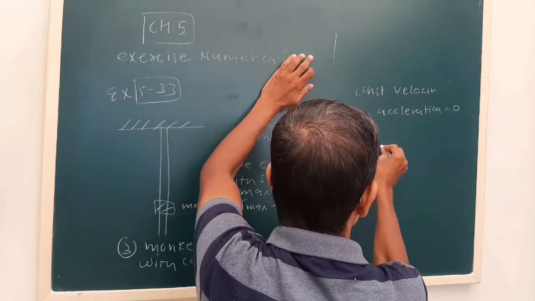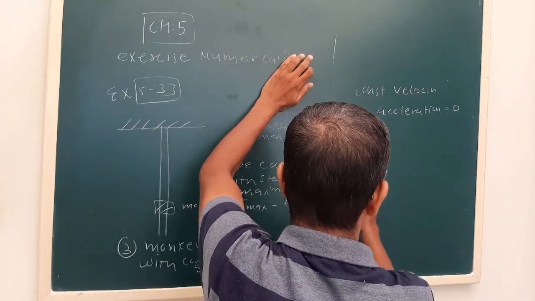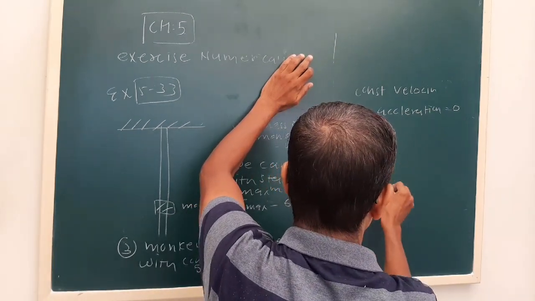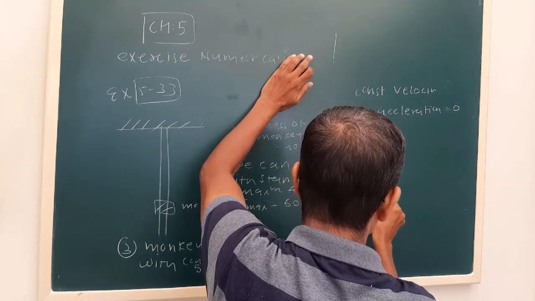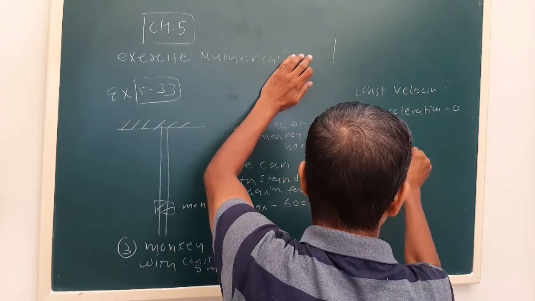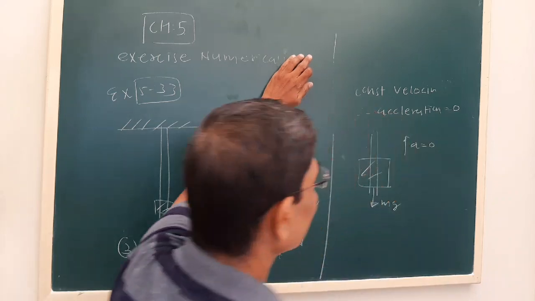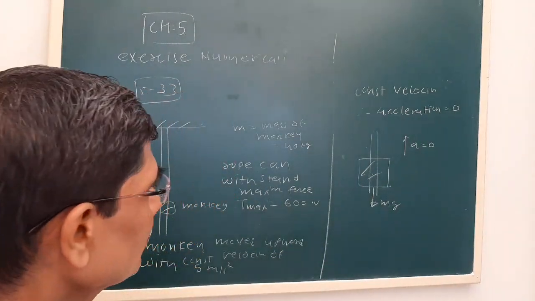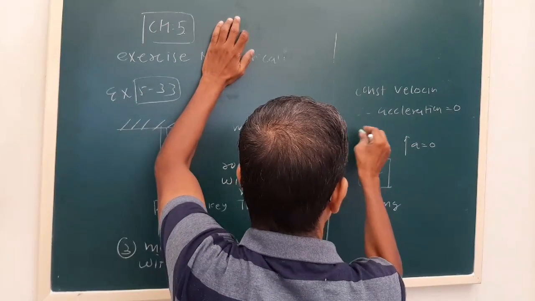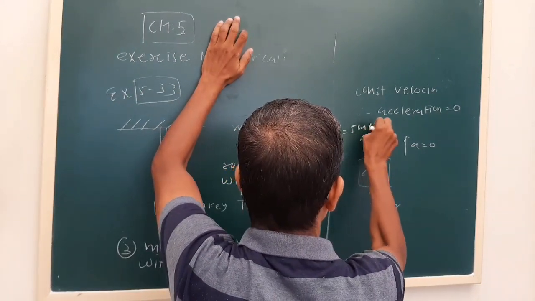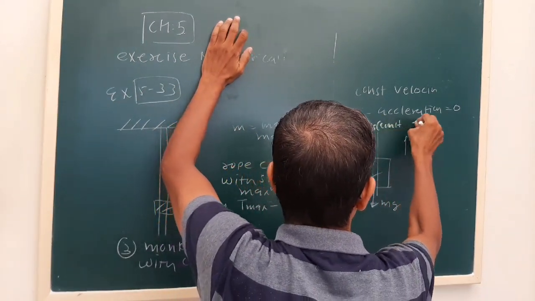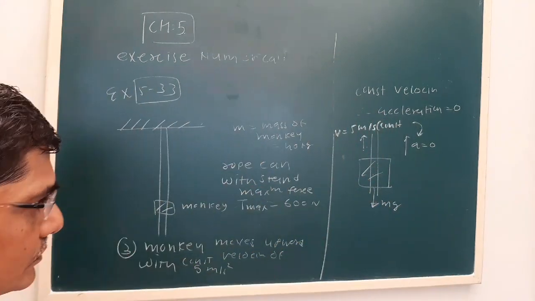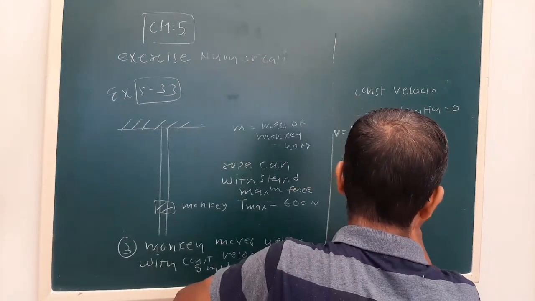Again, weight is mg, a is 0. Why? Because it moves with a constant velocity, there is zero acceleration, so AP also will be 0.